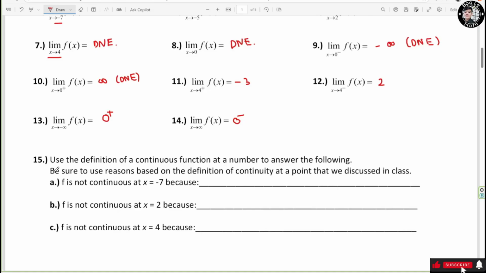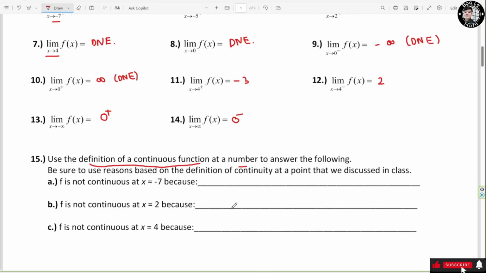Let's move on to question 15. Use the definition of a continuous function at a number to answer the following. Now, a function f is continuous at a number a if number 1, f of a is defined. Number 2, limit of the function f of s when s approaches a exists.